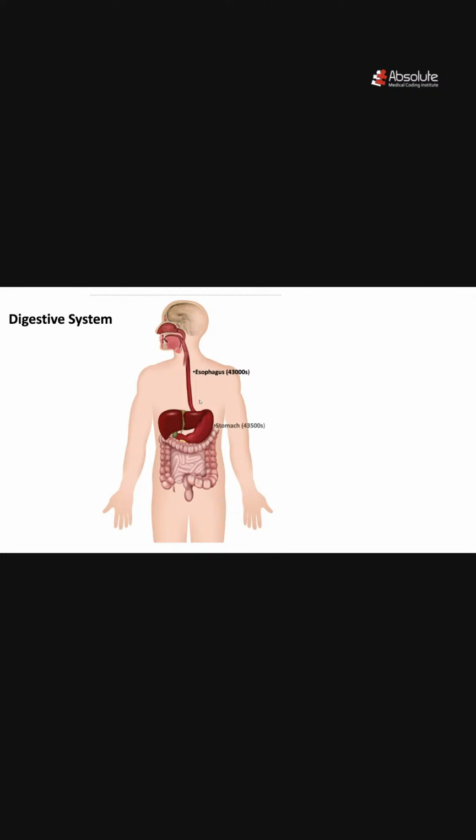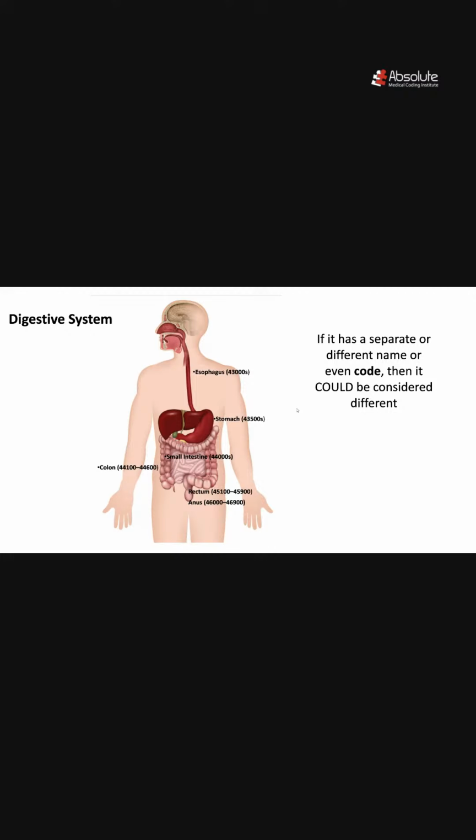The esophagus has its own, the stomach has its own procedures, the small intestine, the large intestine, the rectum, and the anus all have their own procedures and their own names too. But they're still the same digestive system. They're all a part of the same digestive system. And what makes it different is that they're in different parts of the digestive system, just like different parts of the yard.